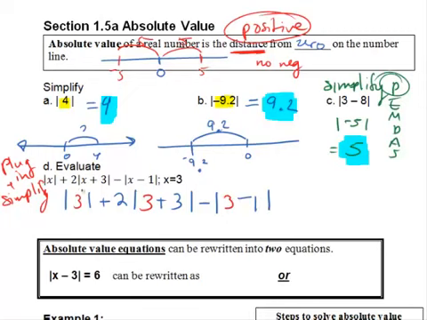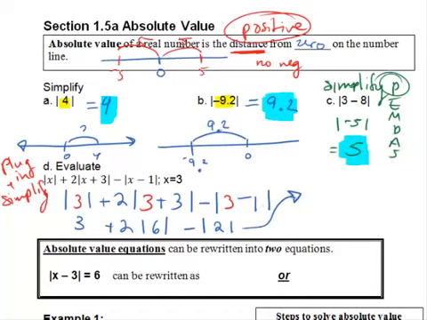Simplify inside the absolute values first. Well, for this one, there's nothing to do, so we'll just say, what is the absolute value of 3? It's 3. This one here, plus 2 times the absolute value of 6. And then minus, this is the absolute value of 3 minus 1, which is 2.